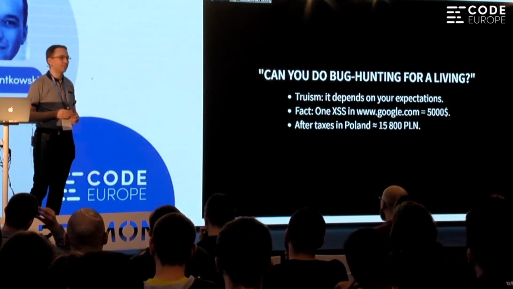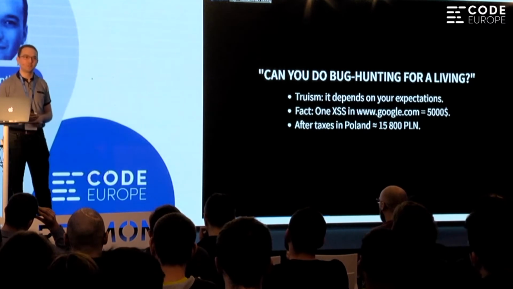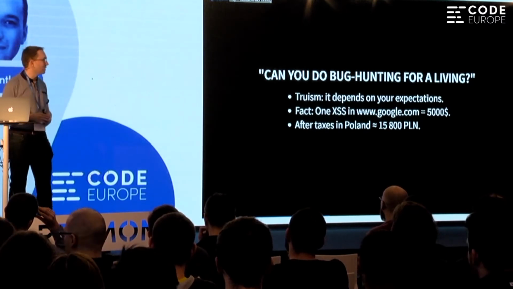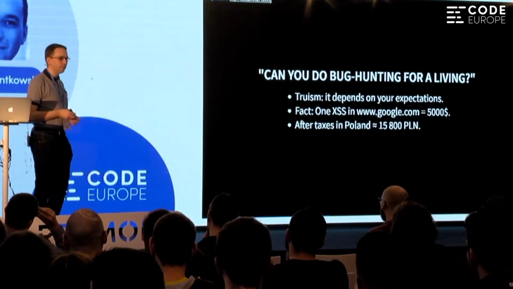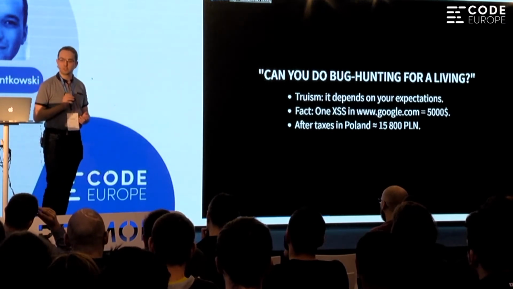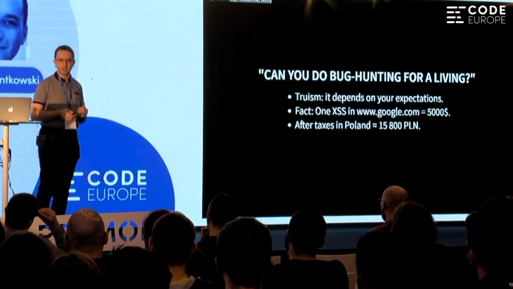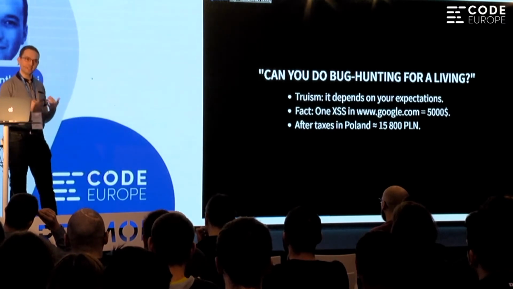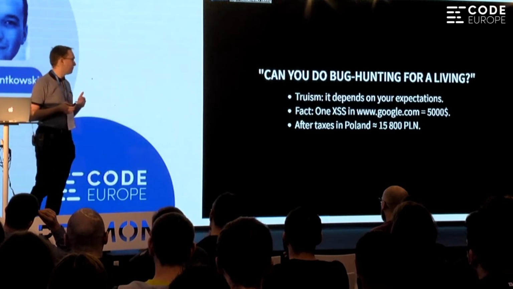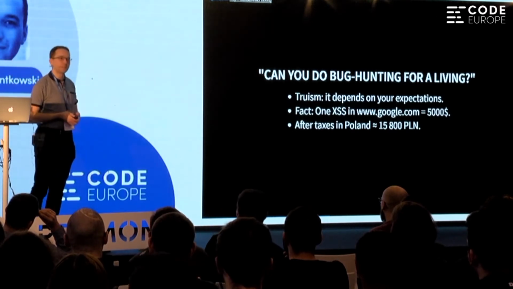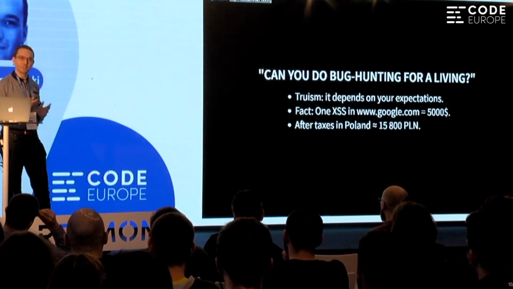So I don't know, 2 XSSs per month, and it looks pretty good. But the truth is that it is quite difficult to find many bugs in Google, because in 2014, I found only 6 bugs during the whole year, and they told me that I was in the top 10 of bug hunters that year. So for sure, you can do bug bounty for a living, but it might be quite risky.